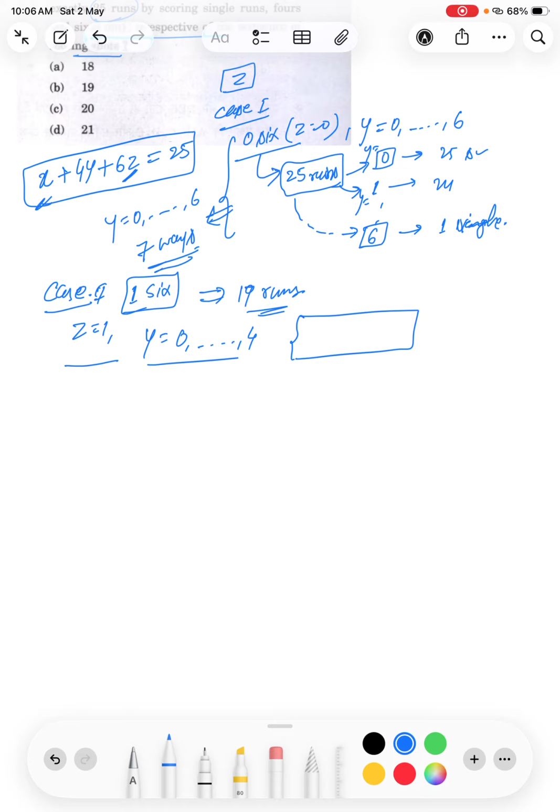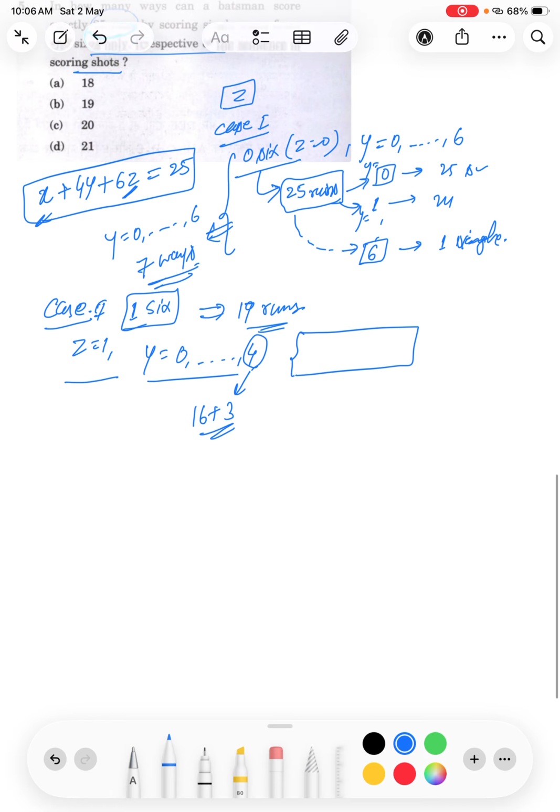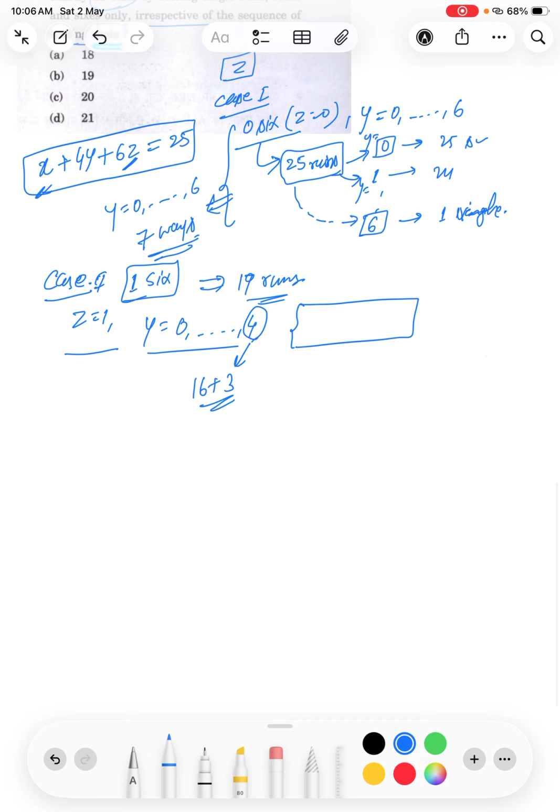Y will take values up until 4. In the last scenario you have 16 plus 3, 19 runs. So how many ways? 5 ways.